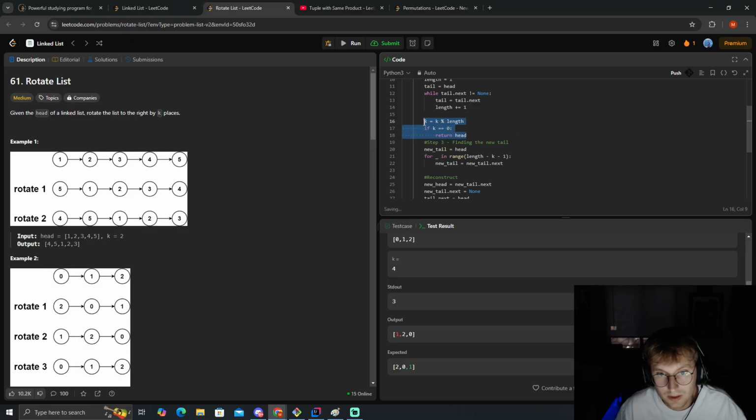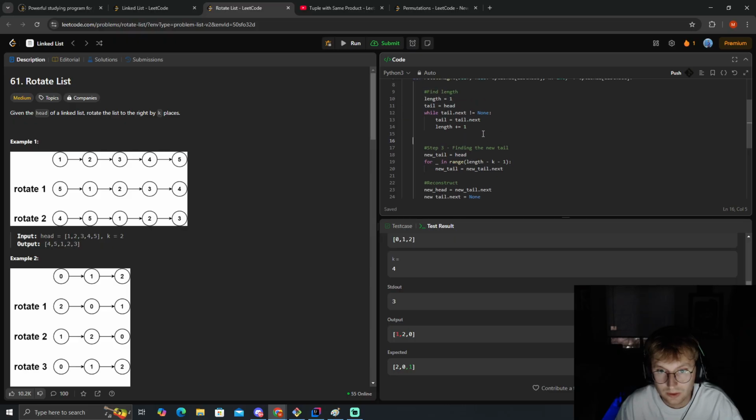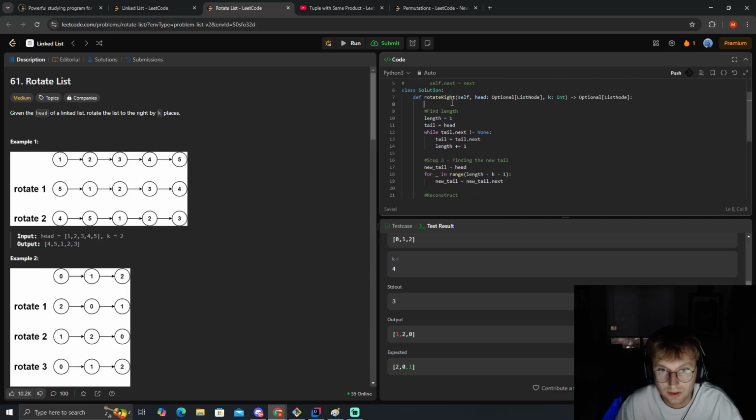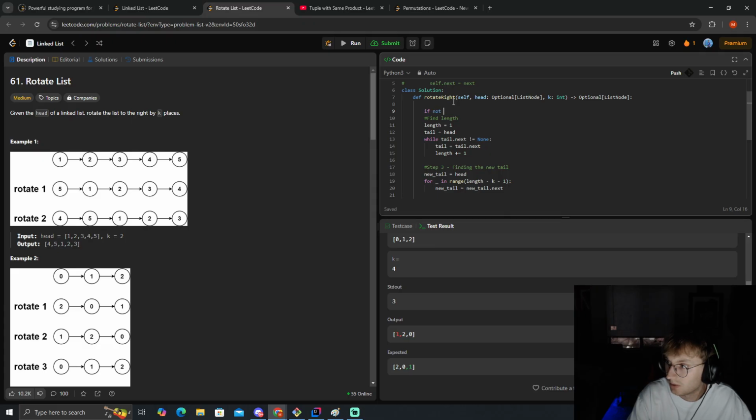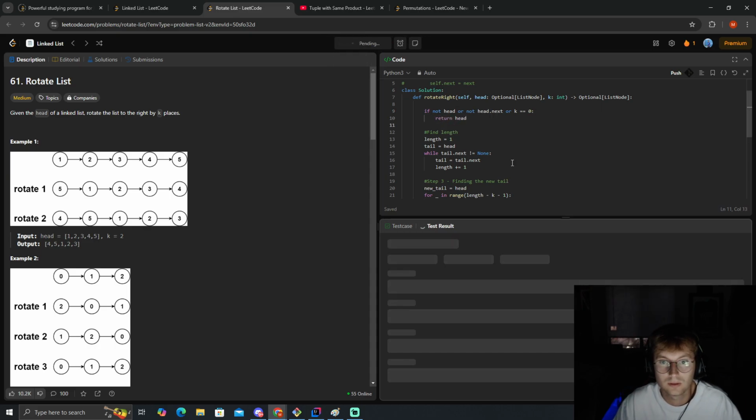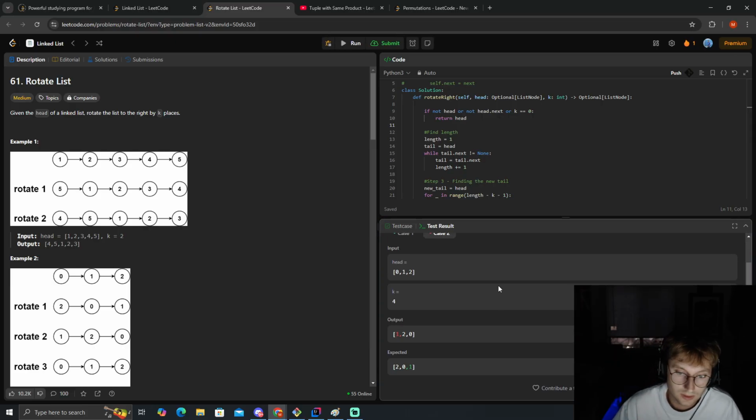I don't think we need this optimization anymore because it's not going to do anything. It has to be the edge case over here. If not head or not head.next or k is equal to 0, we return head. Like, bro, what the hell? I genuinely have no idea. I'm getting the wrong index or something. K is equal to 4.